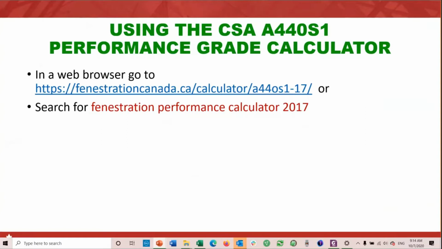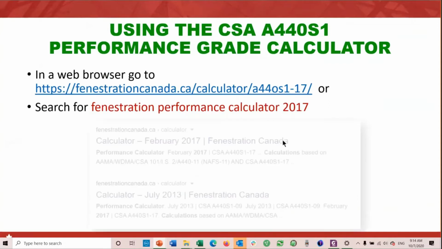So years ago, when the NAFS standard came into the code, we put online a fenestration performance calculator. You can access this calculator online by searching for the term Fenestration Performance Calculator 2017 in any browser, or using the link in the presentation here.